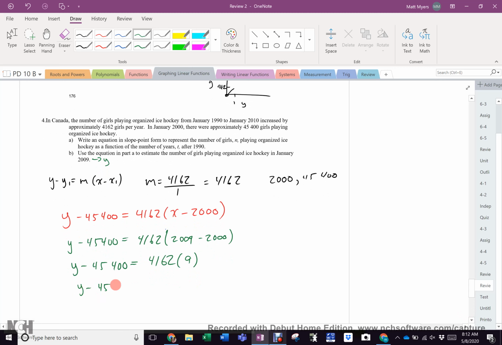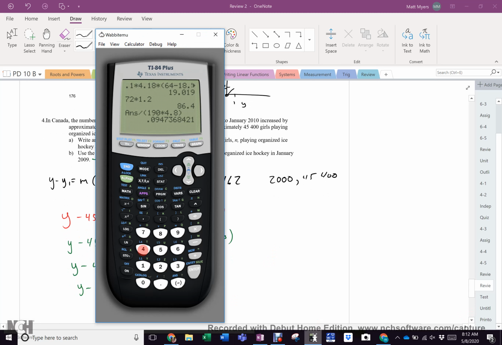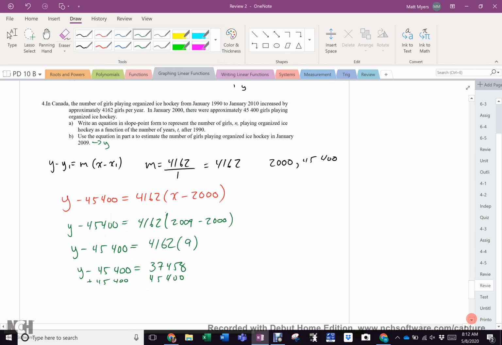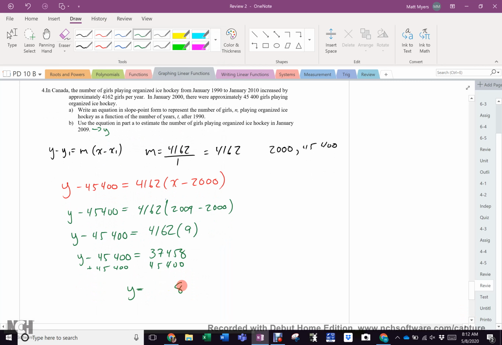I'm going to get out my calculator because I'm too lazy. 4,162 times 9, 37,458. y equals that. Add 45,400 to both sides, and y equals 82,858.